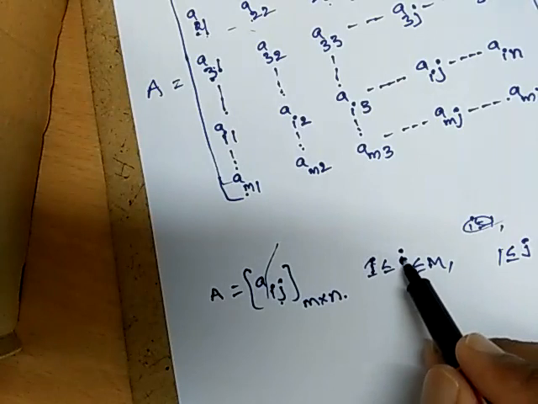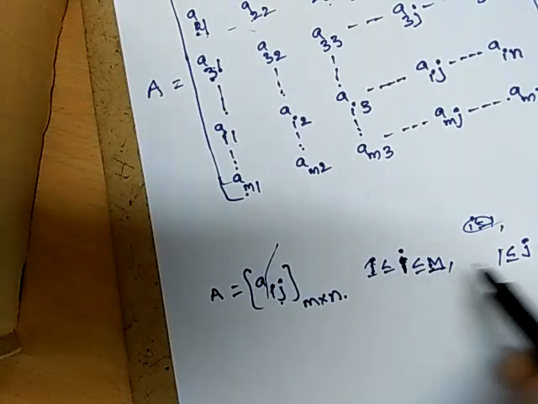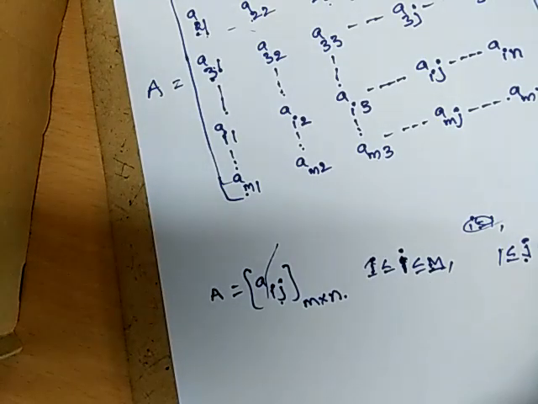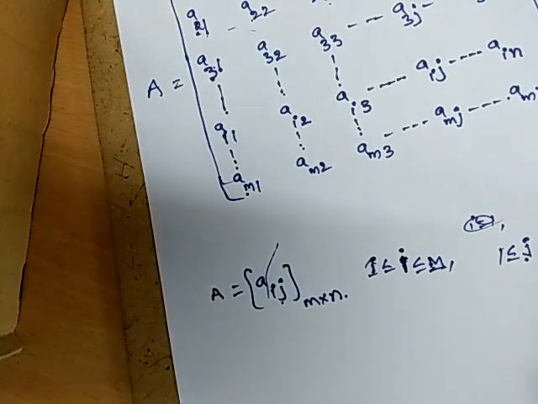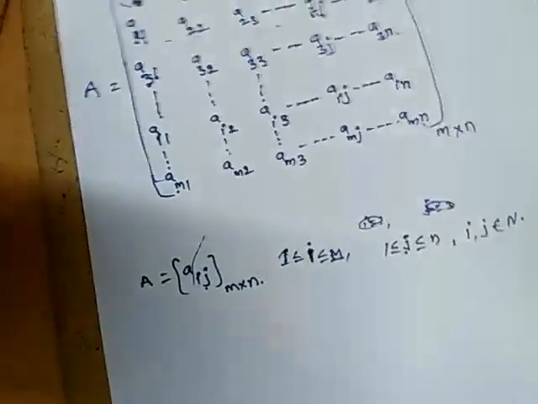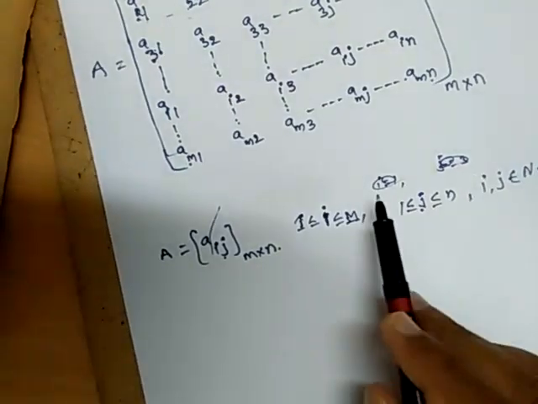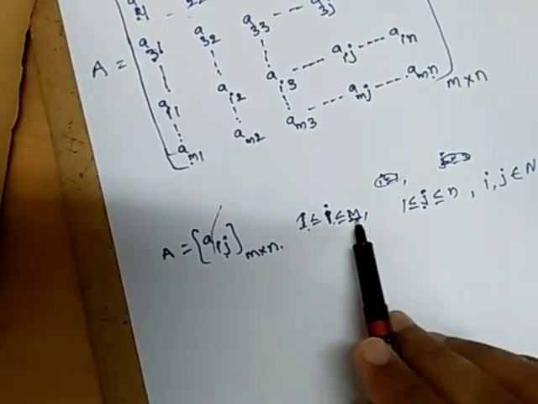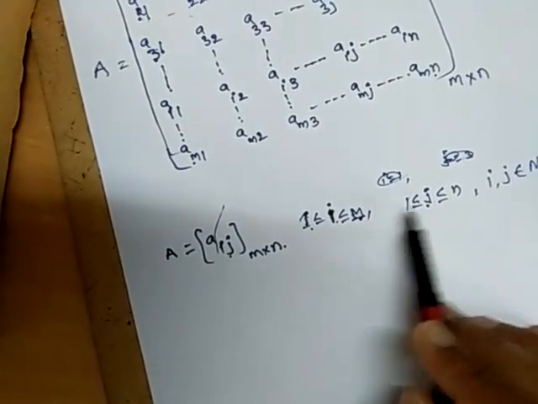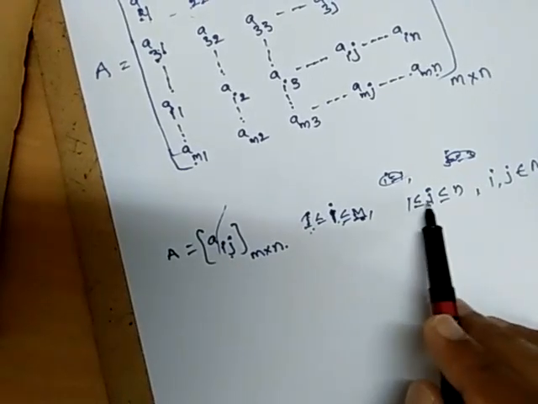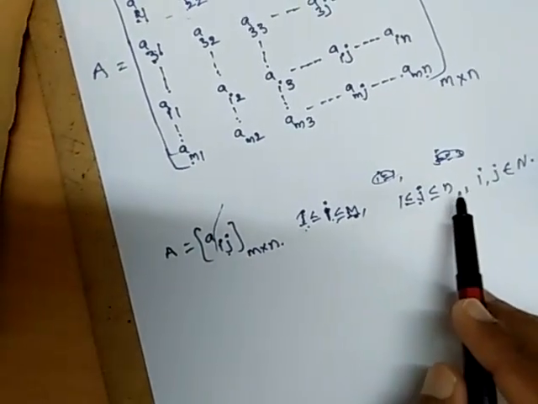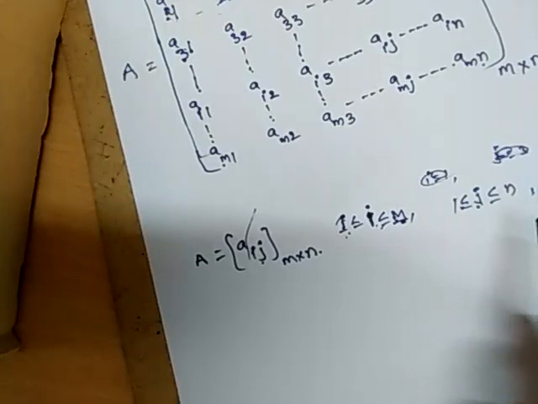So the i value depends upon the number m, and the j value depends upon the number n, and i, j belongs to natural numbers N. This is the condition for i and j: i value 1 to m, j value 1 to n, and i, j belongs to N.